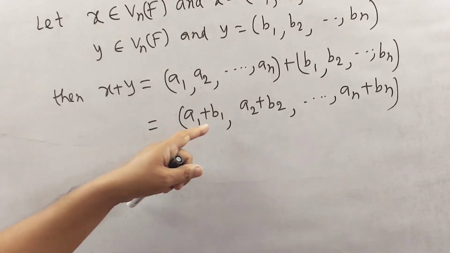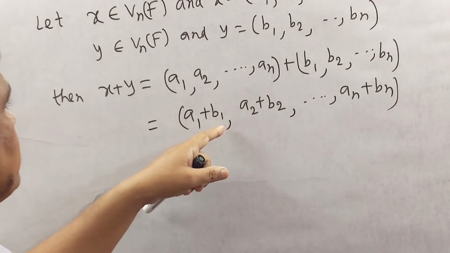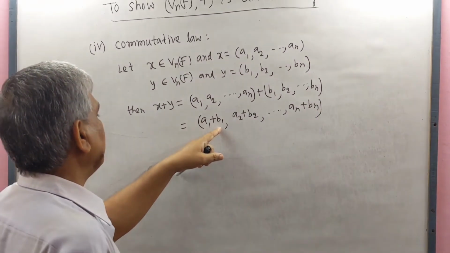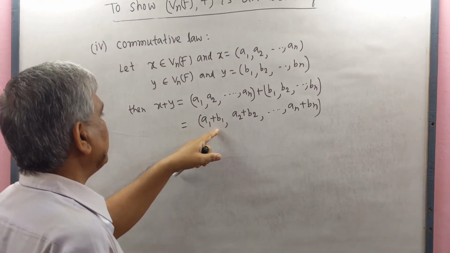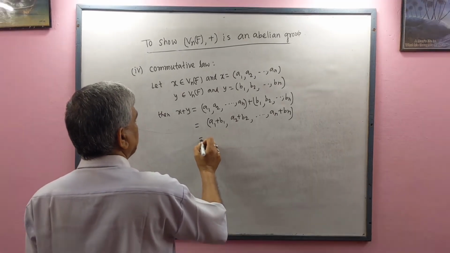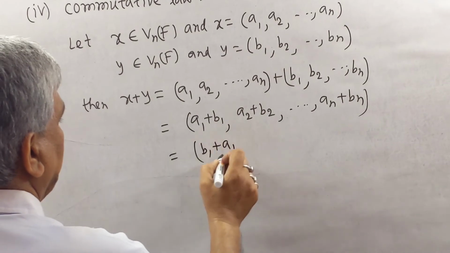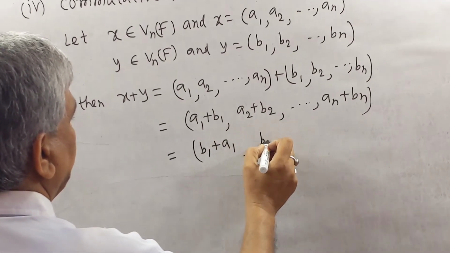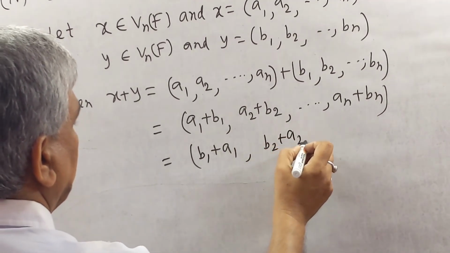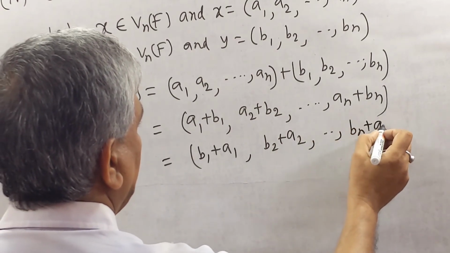Since a1, b1, a2, b2, an, bn all are elements of field F, and in a field commutative law holds for addition, we may write this equal to (b1 plus a1, b2 plus a2, ..., bn plus an).